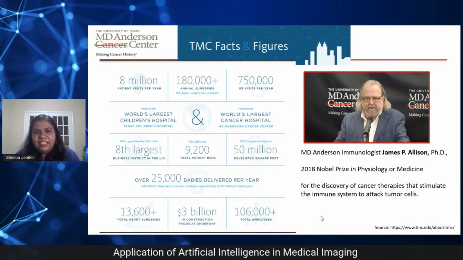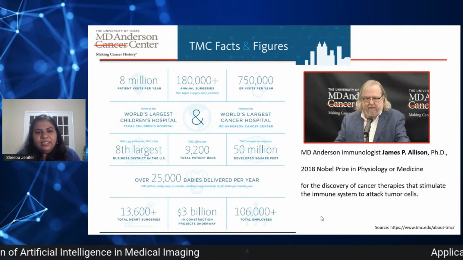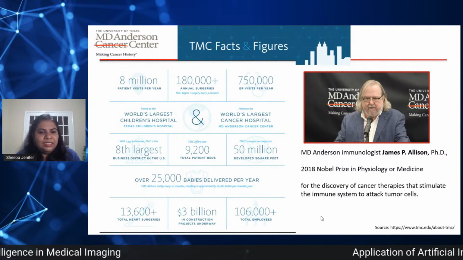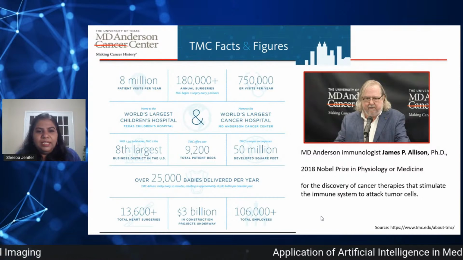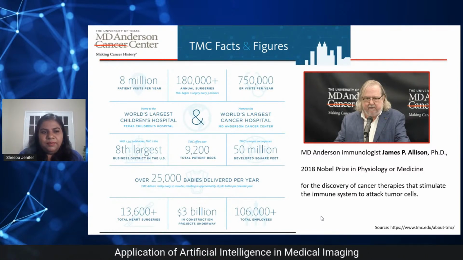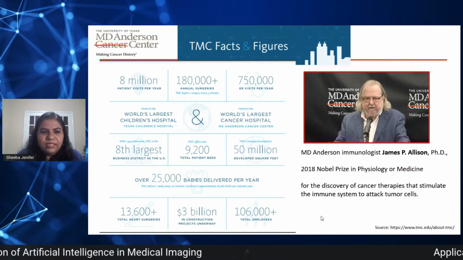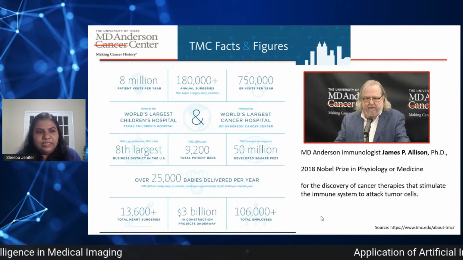Some facts and figures about the Texas Medical Center: this is the world's largest cancer hospital. The MD Anderson Cancer Center is located in the Texas Medical Center. And the world's largest children's hospital is also in the Texas Medical Center.